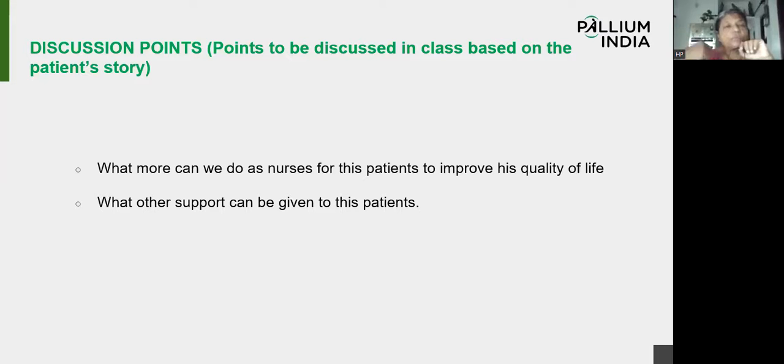So we have to communicate with the family that the patient has so and so problem, and that is why he had the seizures. Now quality of life: if the patient is having pain, we have to reduce the pain. That's the first and foremost thing.